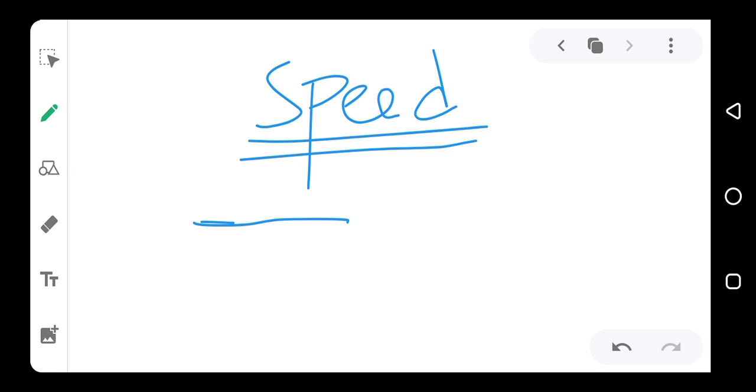So if somebody moves to east and then to south and then maybe to west and then to north, when you take the total of this movement, you combine the total of the distance covered, we call it distance. You calculate all the various distances or lengths covered.